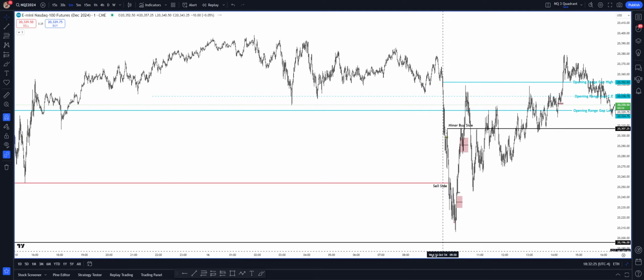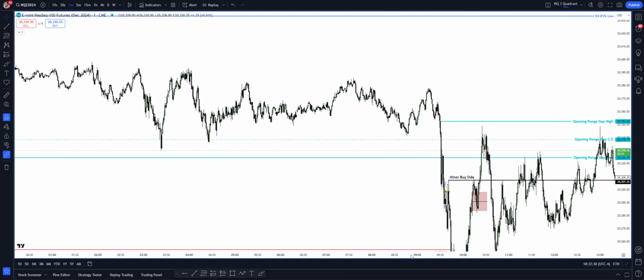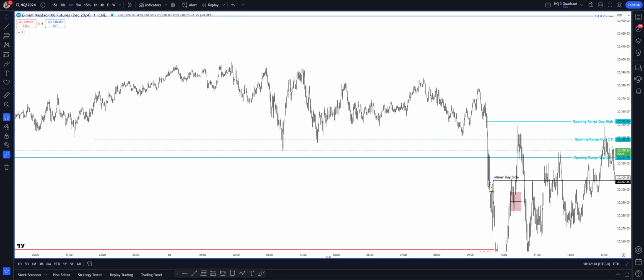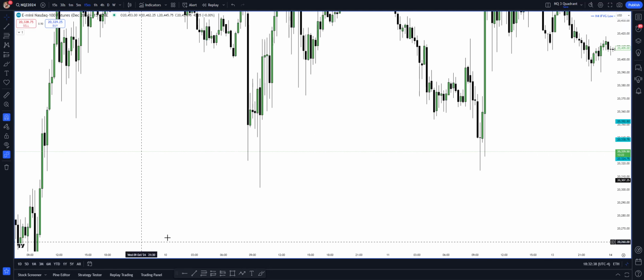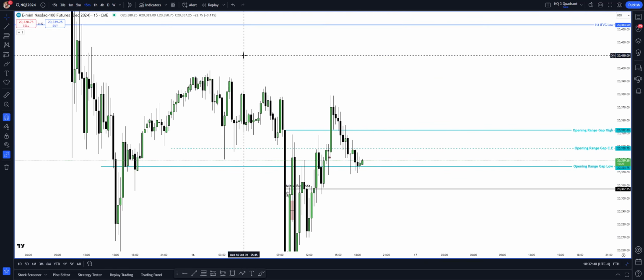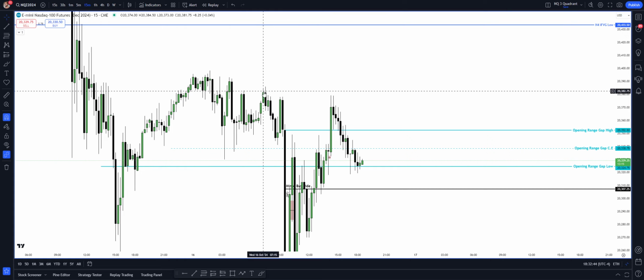Okay, so at New York Open, or during pre-market, essentially the market had, let me go up to the 15-minute first. So we had these equal highs here. Contrast that to the equal lows here.